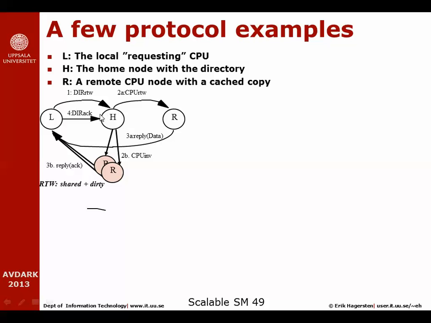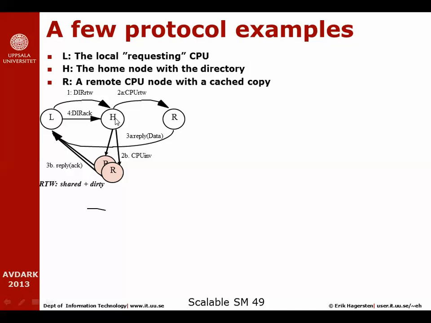The home node will do a lookup in the directory and figure out that this is a request to a cache line which is shared in many nodes, and more specifically, in one of those nodes it's dirty. So we have to have a node reply with the data to the request. We can't get the data from the local memory.